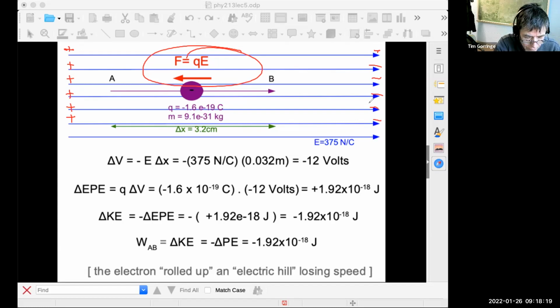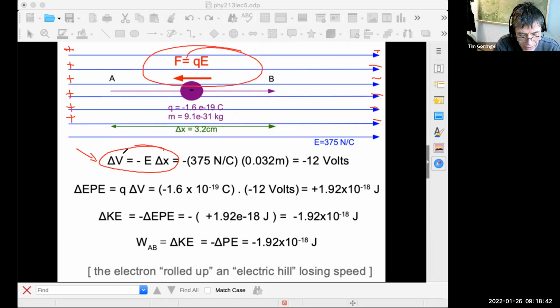Okay, so let's answer the 4 questions numerically now. So change in potential is the first question. And again, I'm just using this equation here that comes from the fact that the electric field and electric potential are related.